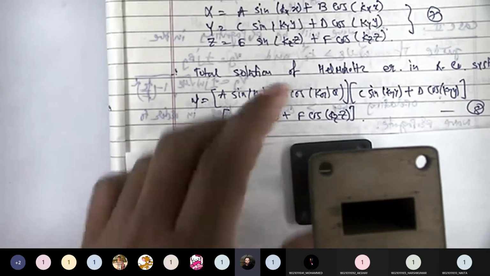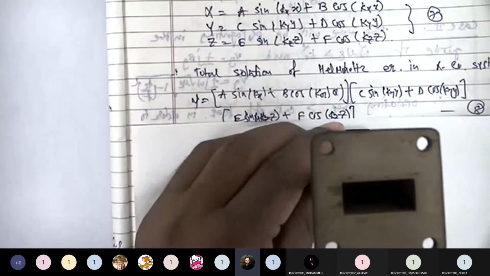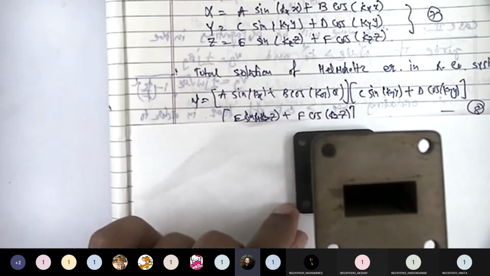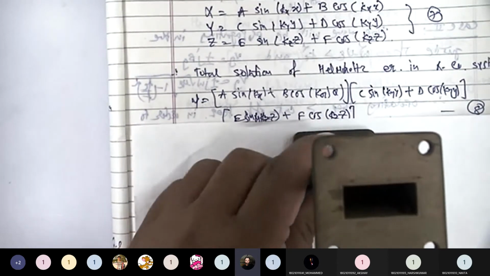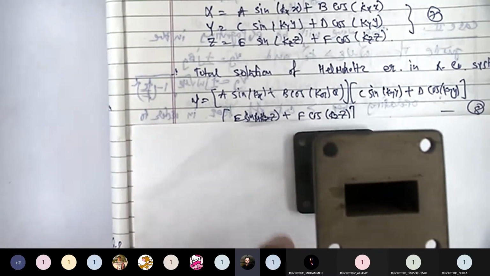So yes, anyone have any questions, please ask. When we saw the plane TEM wave, there was no such cut off wave number, because a coaxial cable doesn't support any cut off wave number.